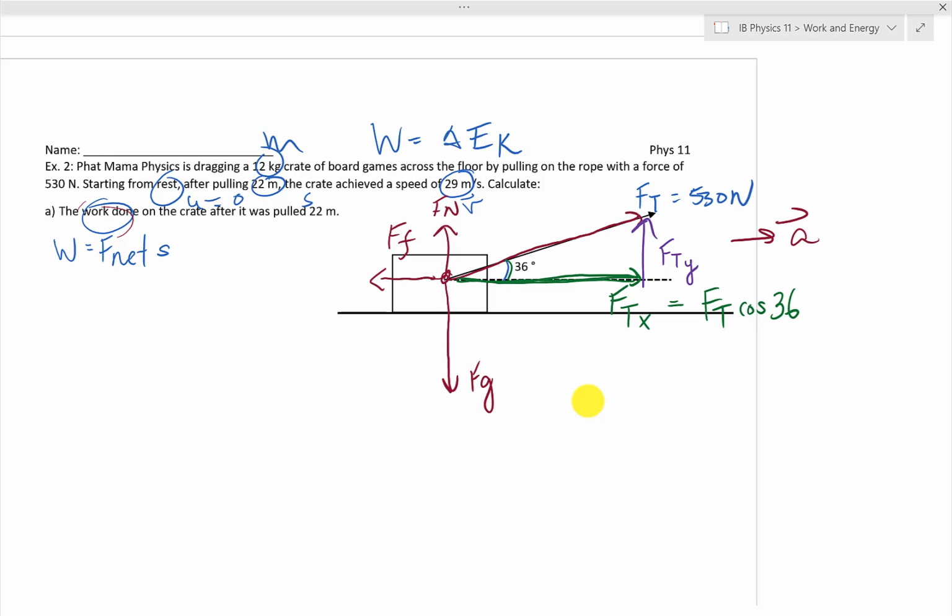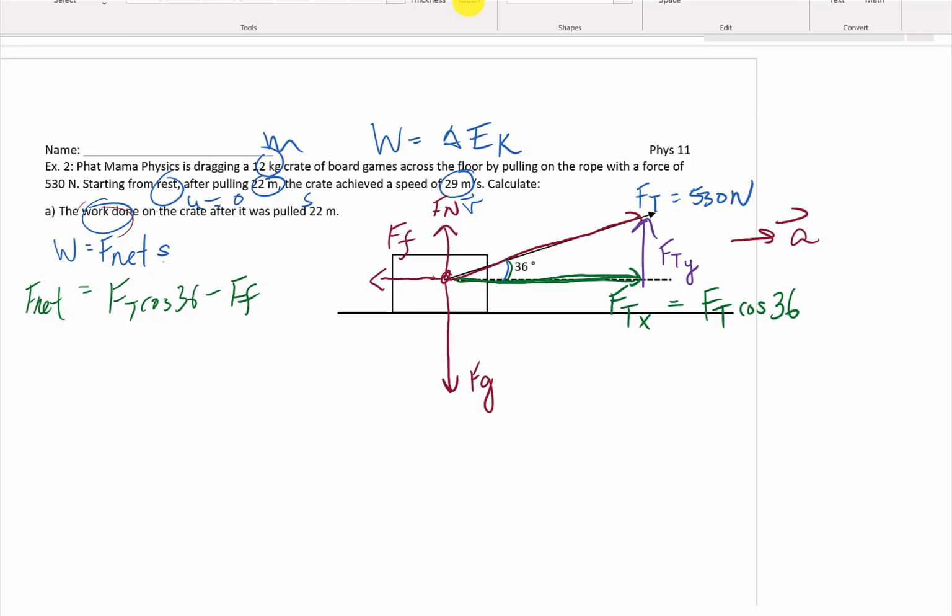Okay, so we know that the F net here is going to be Ftx minus force of friction. And we don't have the force of friction, unfortunately. And we can't just assume it doesn't exist.